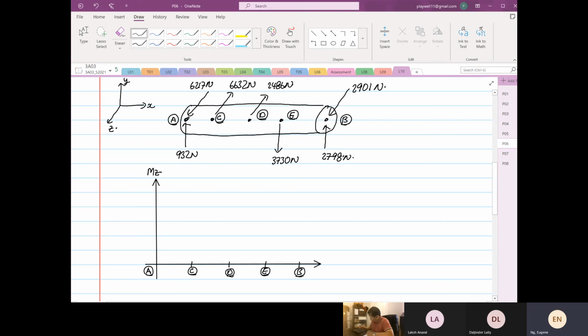So the moment MZ at the first point is equal to 0.2 times 932, so it's 186.4. Over here, this is your first point.